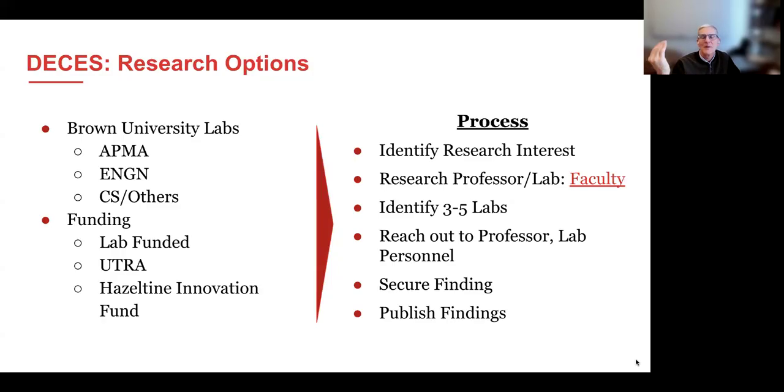This is the process that I recommend: identify the research labs, then understand who the professors are, and also the postdocs and the PhD students in the lab, because it's good to develop relationships with them as well. Then you identify a few labs that you go out for, reach out to the people, get accepted into the lab, secure the funding, and then publish the findings.